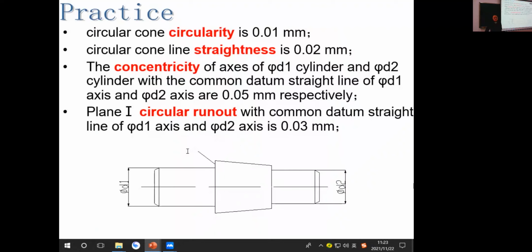The concentricity of the axis of the two cylinders, here and here, with the common datum straight line of the D1 axis and D2 axis, is 0.05 respectively. The circular runout with the common datum straight line of the D1 axis and D2 axis is 0.03 millimeter. Just quickly draw the frame and the tolerance type on this picture.